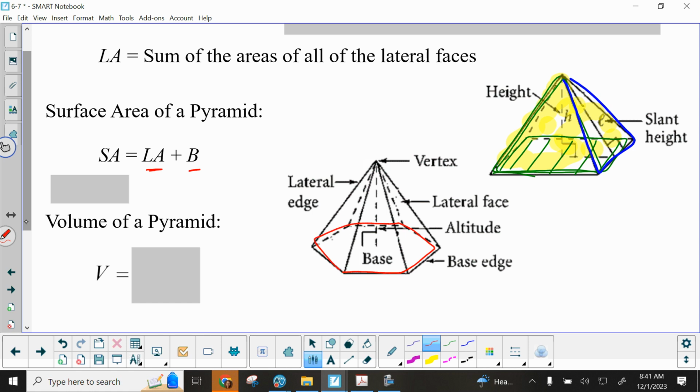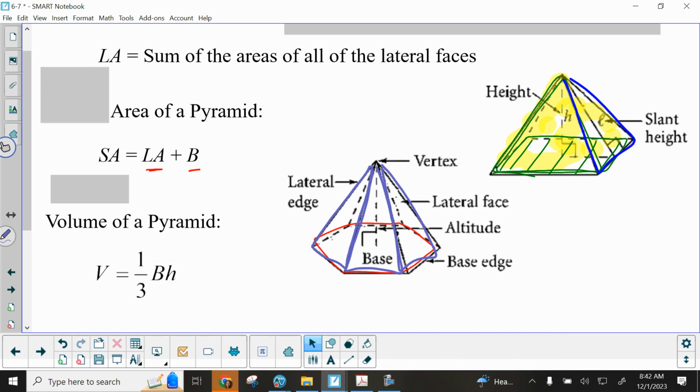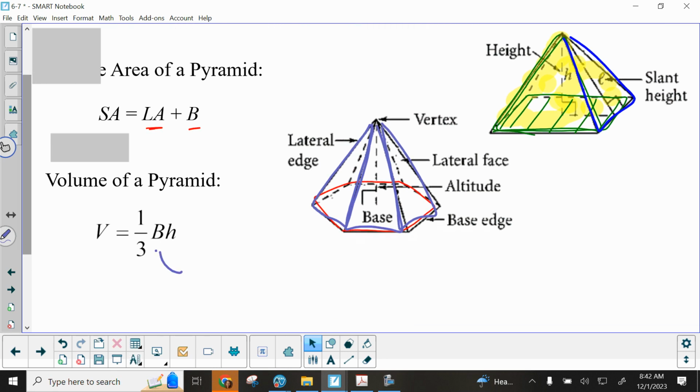And then we have to find the area of each of these lateral faces, which are triangles, and the ones in the back as well. The volume of a pyramid is 1/3 the base area times the height of the actual pyramid.